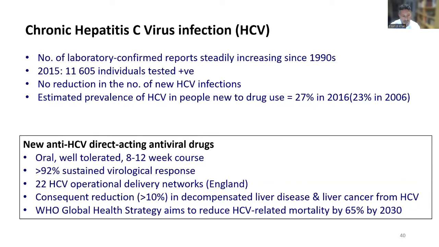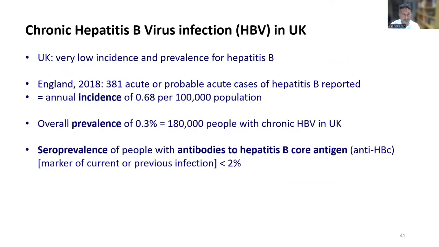So much so that the WHO Global Health Strategy team thinks that HCV-related mortality can be reduced globally by almost two thirds by the end of this decade, if we can get these drugs out to everyone in the world who has chronic hepatitis C. It's not the treatment now, it's actually finding people who have the infection.